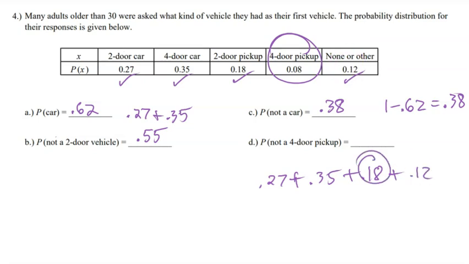Well, 0.12 plus 0.18 is 0.3. 0.3 plus 0.35 is 0.65. 0.65 plus 0.27 is 0.92. Therefore, it's 0.92. The other way you could do it is to just do 1, that's all of them, minus the one we're leaving out, minus 0.08, which is 0.92.